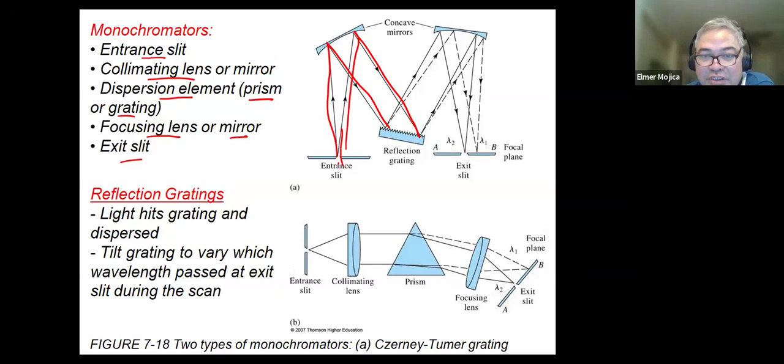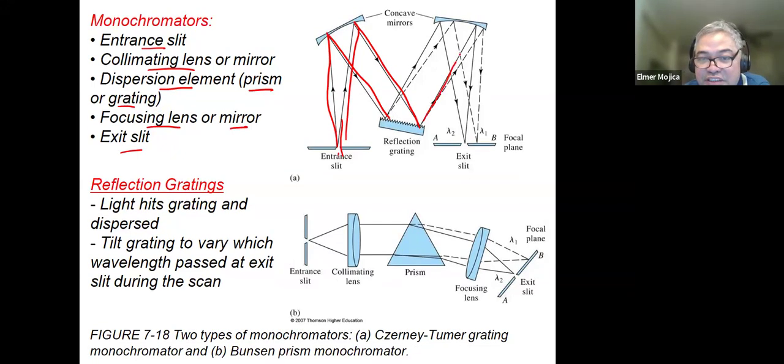Then the collimating mirror produces parallel radiation for the dispersion element, which in this case is a reflecting grating. So what does the grating do? It disperses the spectral components of the incident light, right?